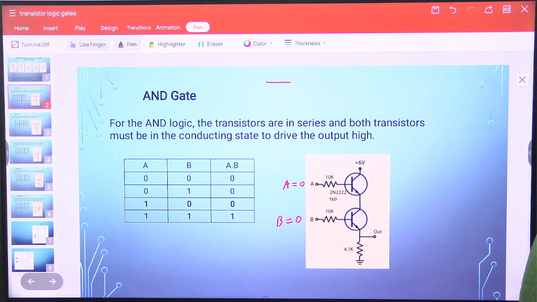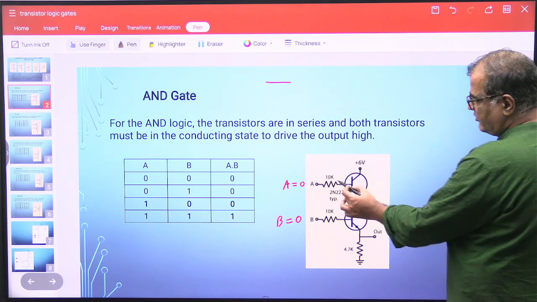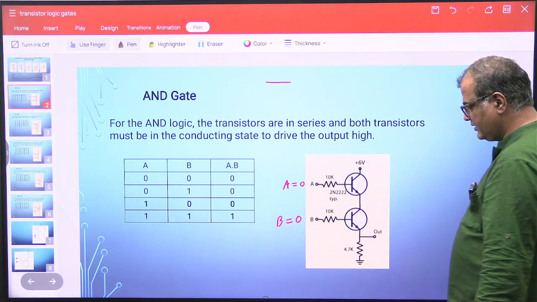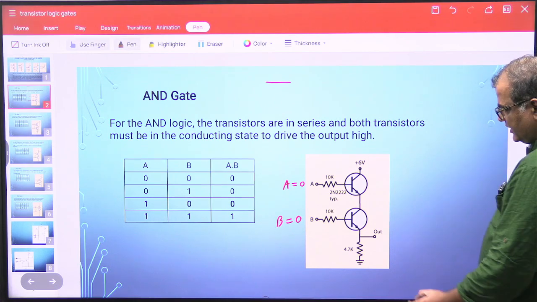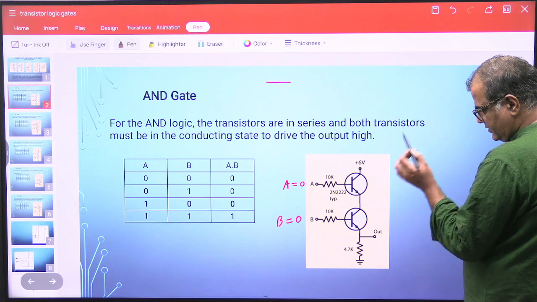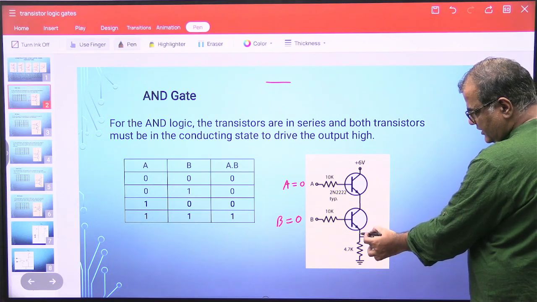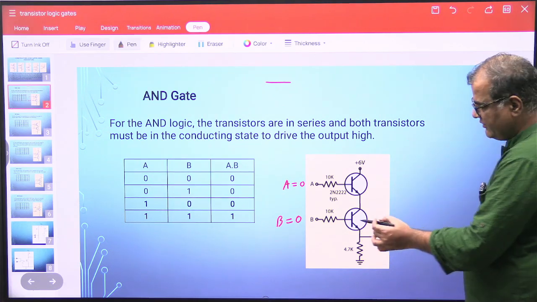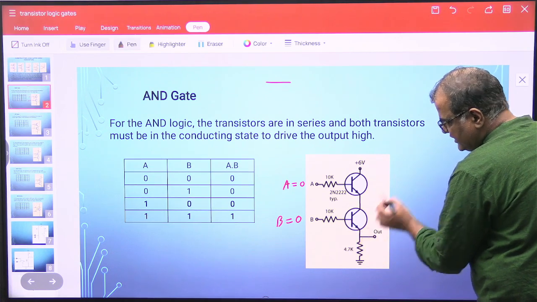Bases will be reverse biased. IB will not flow. If IB is not flowing, here IC is not flowing. So at the output there is no current, no IE is coming. If IB is 0, obviously IE is 0.